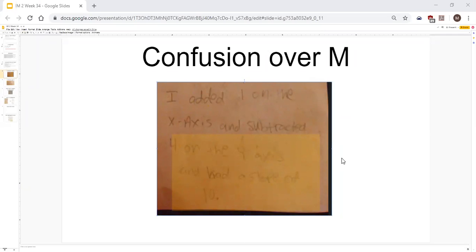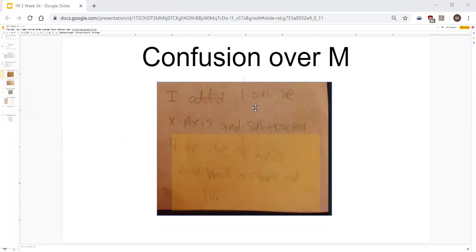So when this student says added 1 on the x-axis, they should say the change in x is adding 1. So the change in x is +1, and the change in y is -4. The slope should be -4 over 1 because the change in y is subtracting 4 and the change in x is +1.